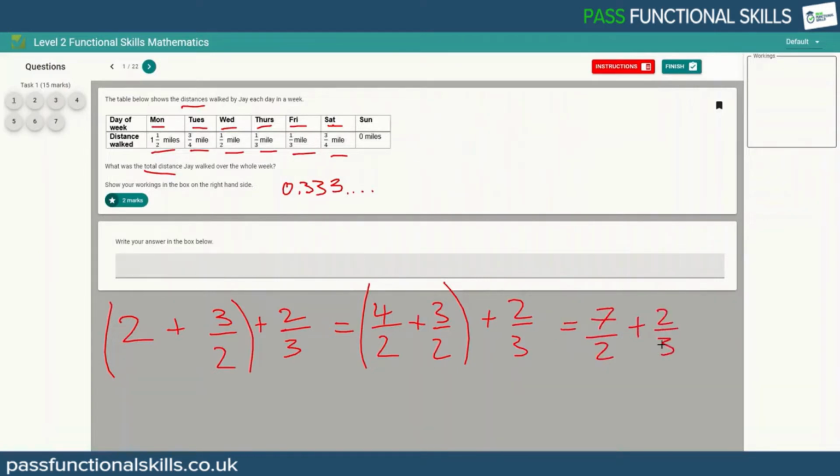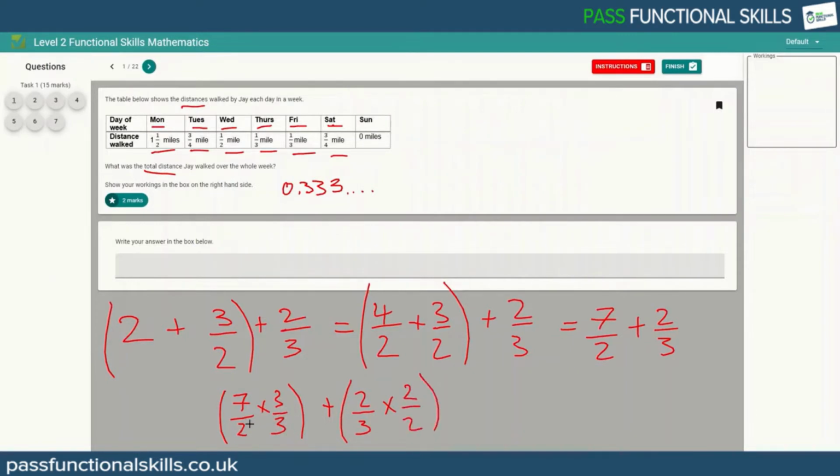So now we've got two fractions again. We just need to add them together by first making the denominator the same. So to do this, we'll multiply 7/2 times 3/3. So this is still equivalent to 1, so we're not changing the value in any way. So plus 2/3, and this time I'm going to multiply it by 2/2.